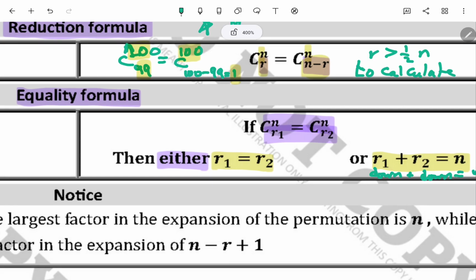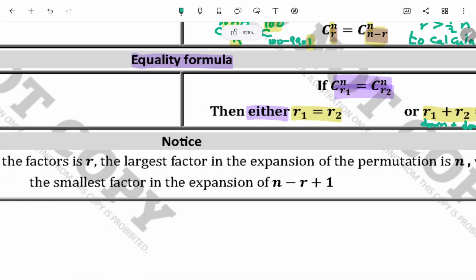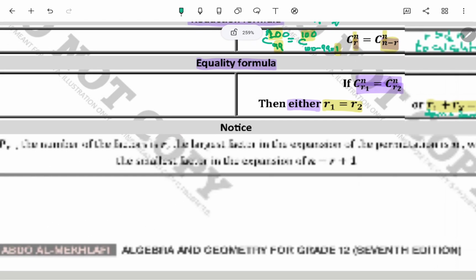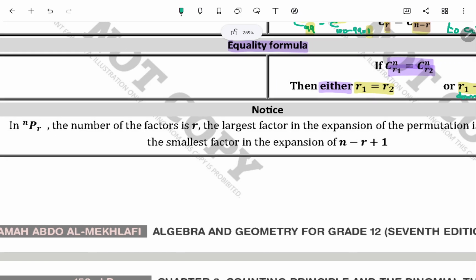Now the last note about what we discussed in the properties. We said that if you are talking about permutation, nPr, and you want to expand it, it can be expanded in this way.